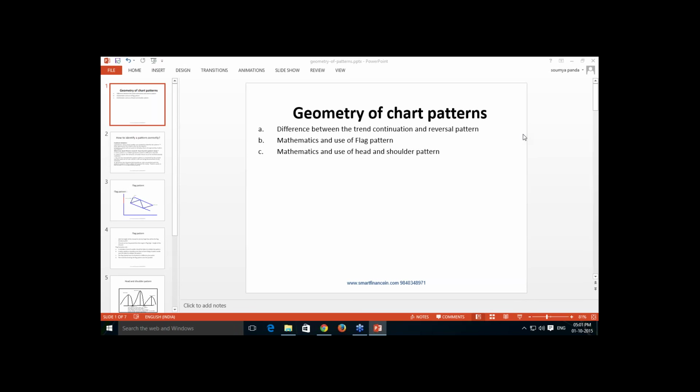We learn about the pattern. In technical studies, the patterns are being divided into two categories. One is your trend continuation pattern, the other is your trend reversal pattern.